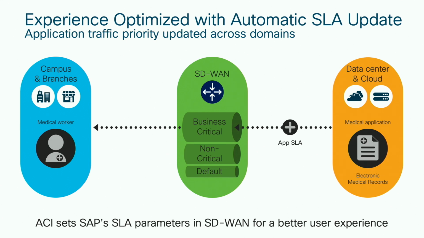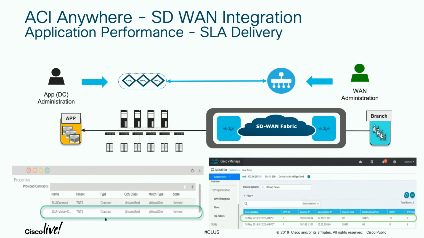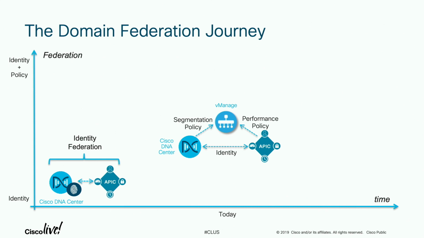With that, I can then author policy in the data center and say, for application A, I'm going to be gold. Application B is going to be bronze. And I just simply write it as a contract. From that point onwards, I receive that information in vManage, and I can enforce the policy based on the DSCP values and IP addresses that I was told by APIC were going to be used.